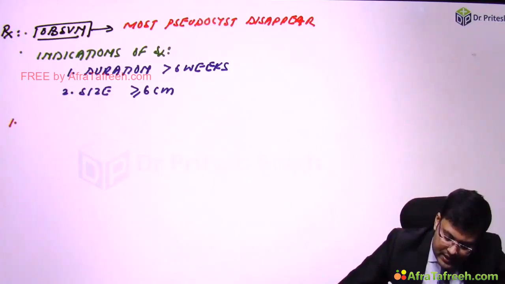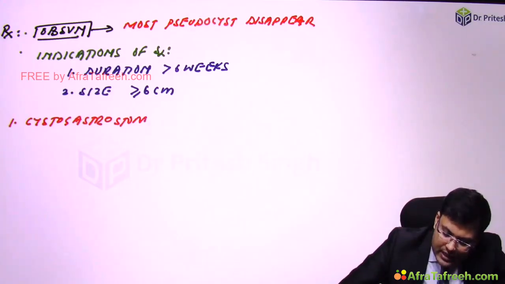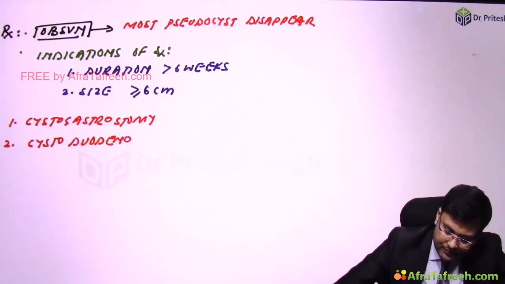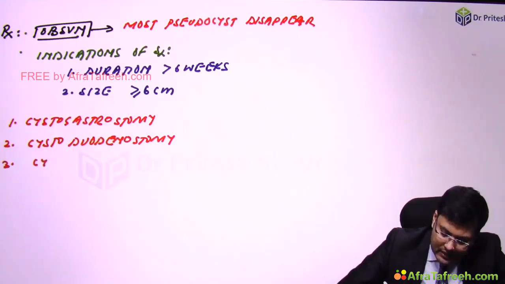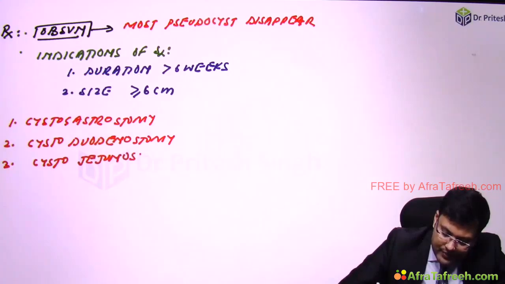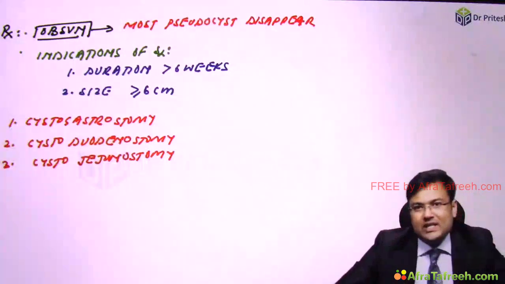The treatment options are cystogastrostomy, second, cystoduodenostomy, and third, cystojejunostomy.